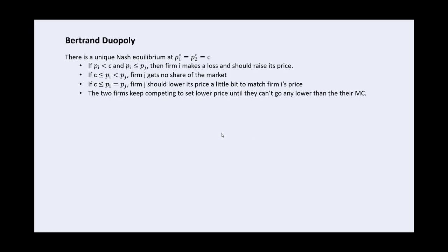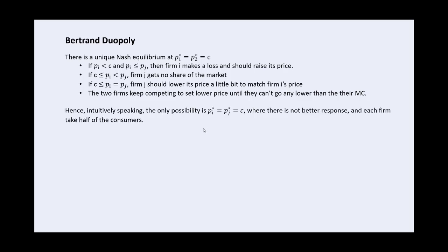However, firm j would want to compete to get the consumers, so firm j would lower its price a little bit to match firm i's price. And if these two firms keep competing to set lower prices until they can't go any lower than their marginal cost, then that would be the Nash equilibrium, where each firm would have no incentive to deviate from setting their price to marginal cost.